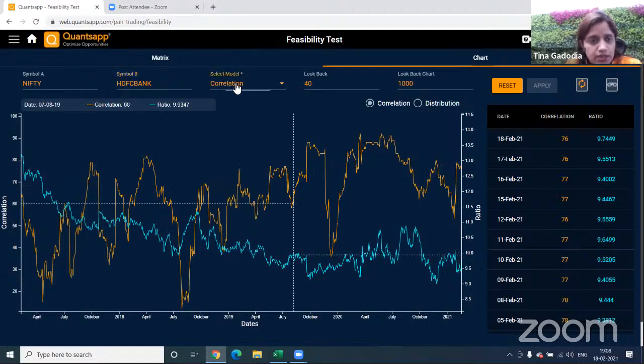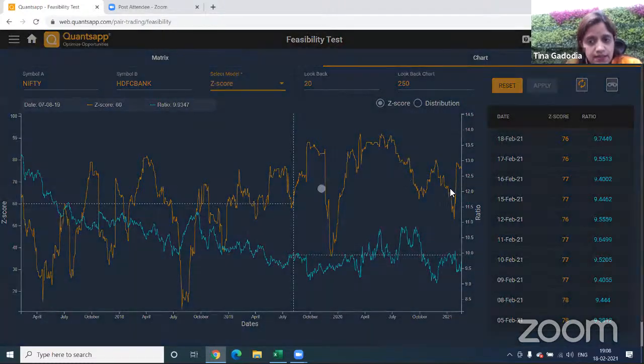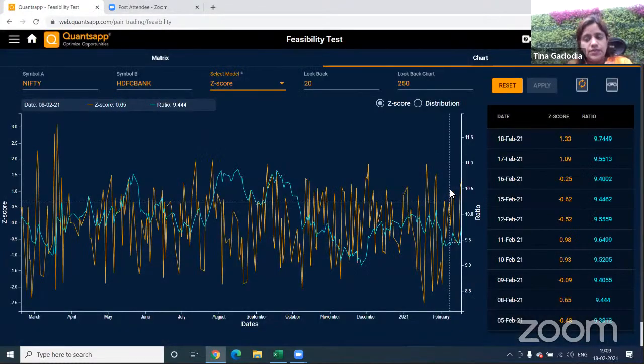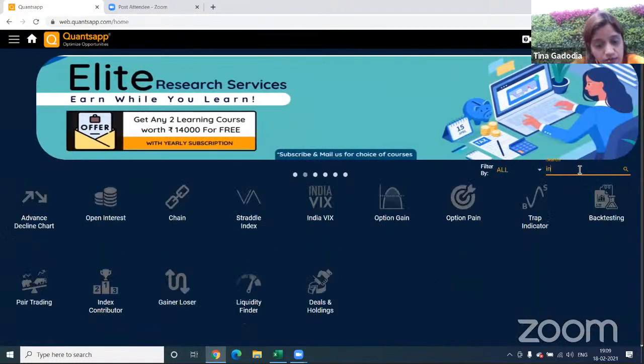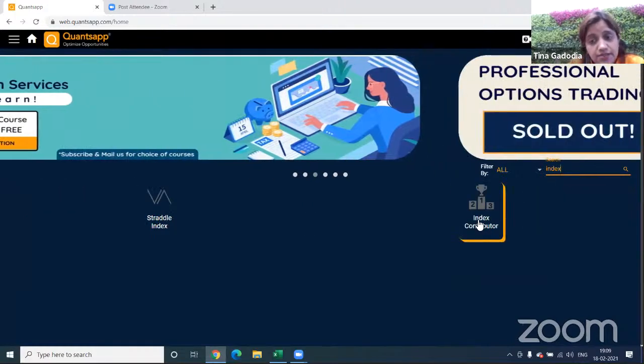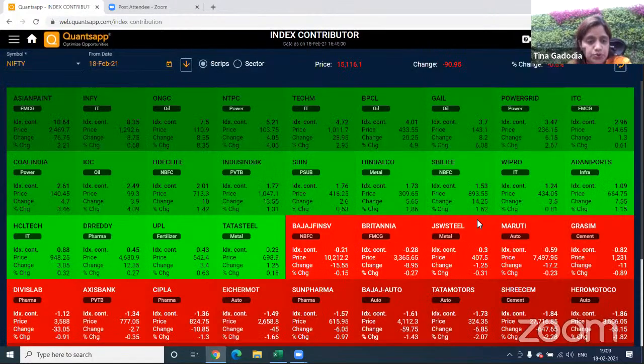You can use correlation. You can use Z-score. There are many studies which can come up using pair trading. Also, one thing importantly we can look at, both during intraday as well as swing trading, is the index contribution.